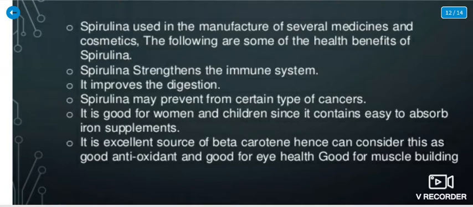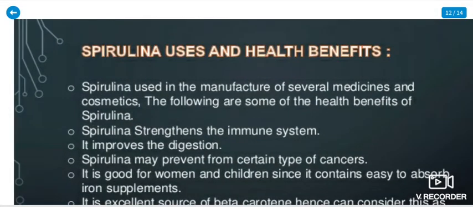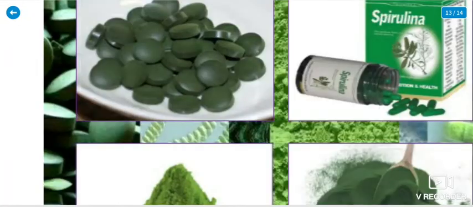And the fourth one, it is good for adults and children since it contains easily absorbed iron supplements. Number five, it is an excellent source of beta carotene, hence a good antioxidant, good for eye health and good for muscle building. These are all the health benefits of spirulina.